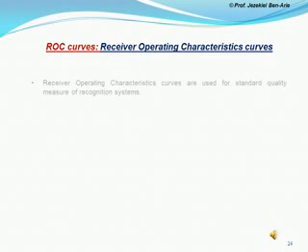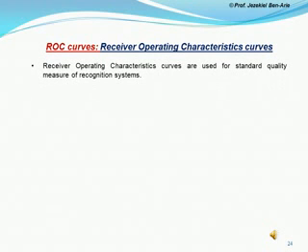We are showing now the receiver operating characteristic curves, or ROC curves, of RISC versus HMM. ROC curves are used for standard quality measure of recognition systems.